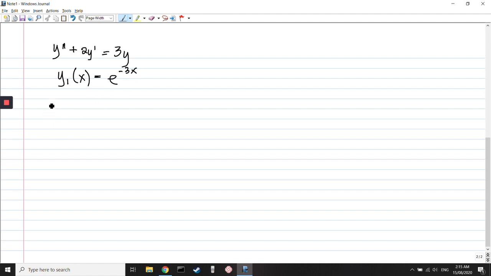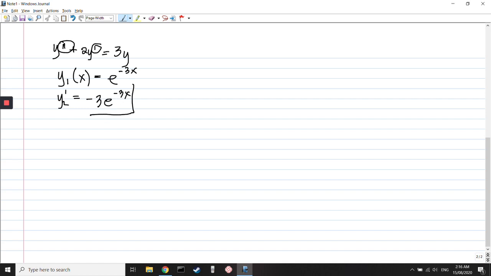To verify this equation, we need to find its derivatives. So the first derivative of y sub 1 is equal to 3e raised to the power of 3x.